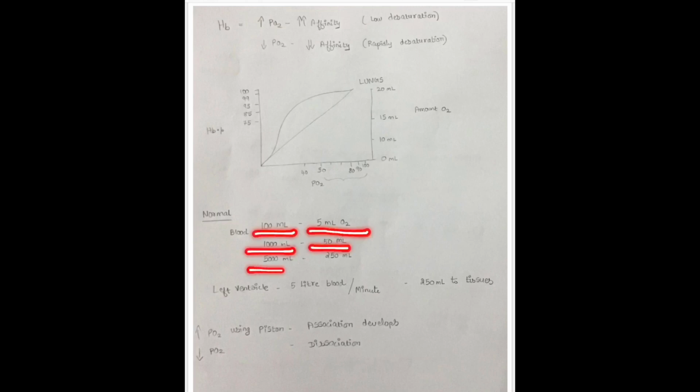Then 5000 ml of blood delivers 250 ml of oxygen to the tissues. So the left ventricle pumps 5 liters of blood per minute, and 250 ml of oxygen is delivered to the tissues.